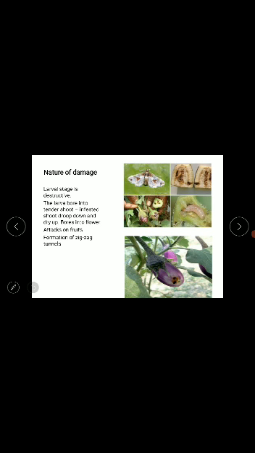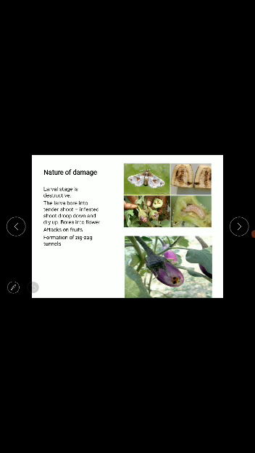The larval stage is the only destructive stage; all the other stages, eggs and pupa, are not able to destroy the host plant. Even adult moths do not cause any type of destruction in the host plant. Means only the larval stage is the destructive stage.